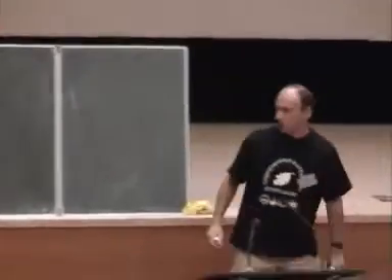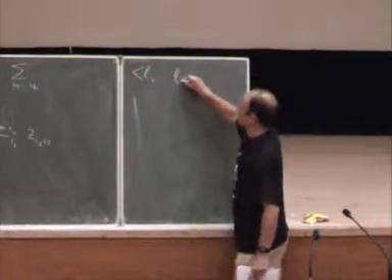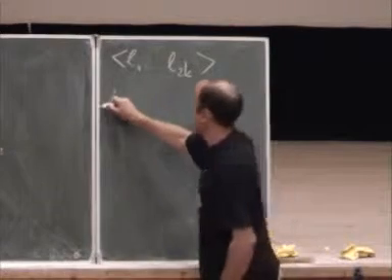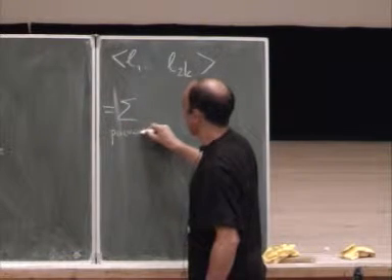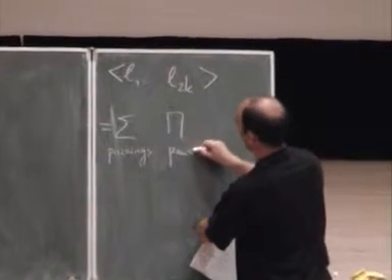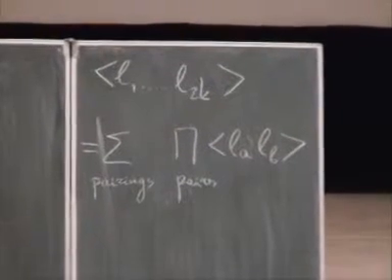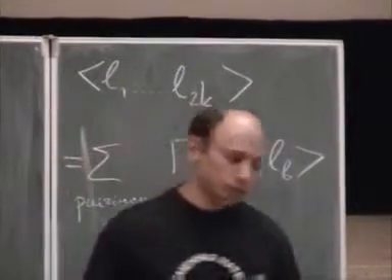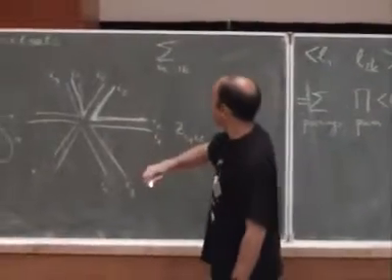Now I will apply the Wick formula. I guess I should write it down again, because it would be too much to expect of you to remember it from the first time. So that's the sum over pairings, product over pairs, of the expectation of the pair. So now we should sum over all possible pairings of streets. And I will draw a pairing of streets in this way, for example.